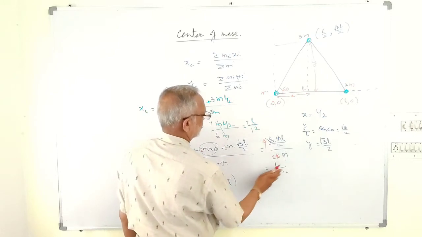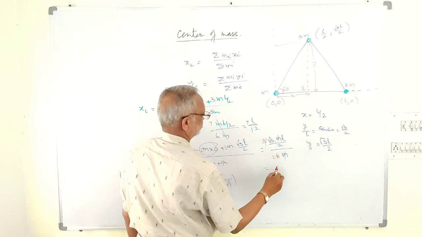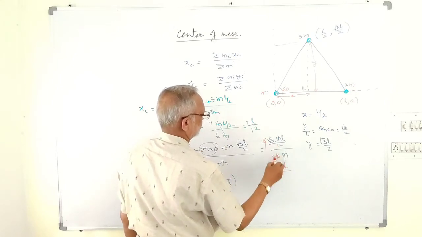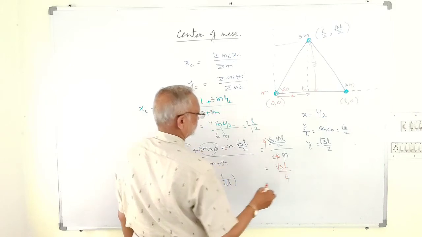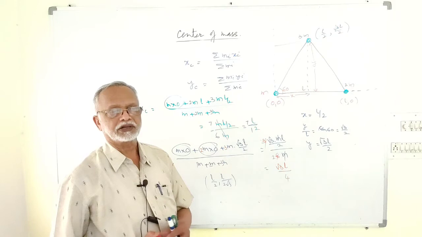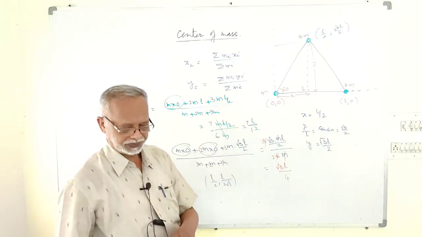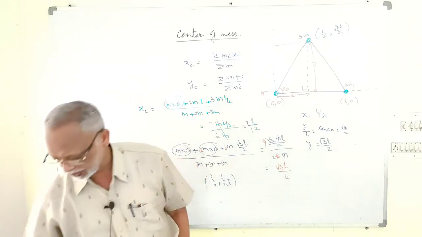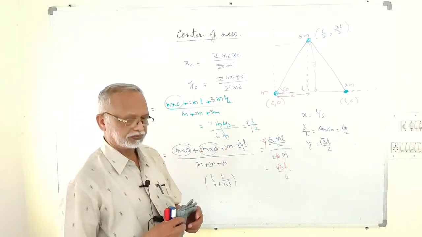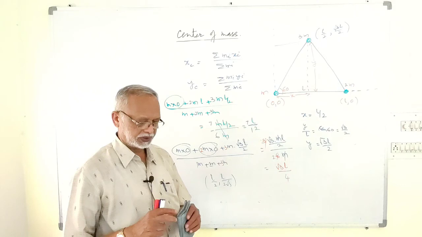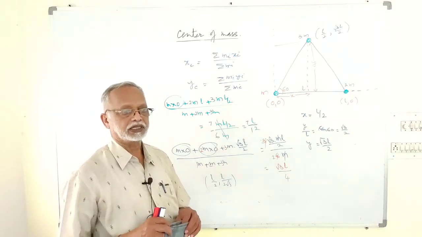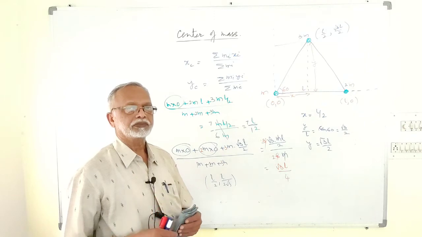So this will be root 3 L by 2, 2s are 4. So like this we can find the coordinates of center of mass. Let us consider 4 bodies placed at the corners of a rectangle. After that we will consider 4 bodies placed at the corners of a parallelogram.